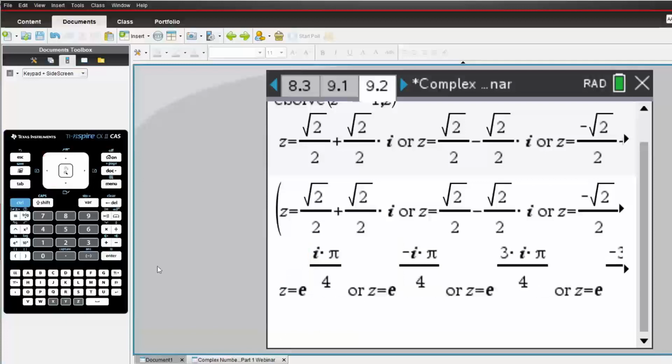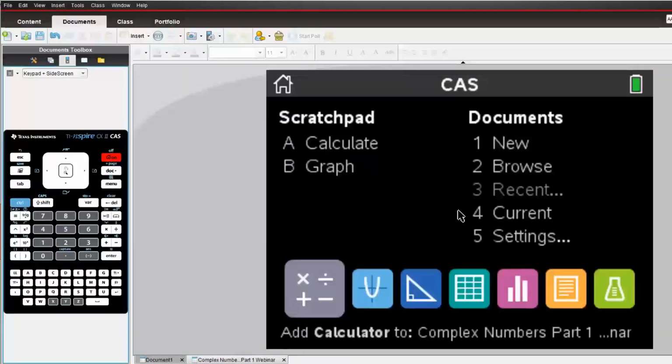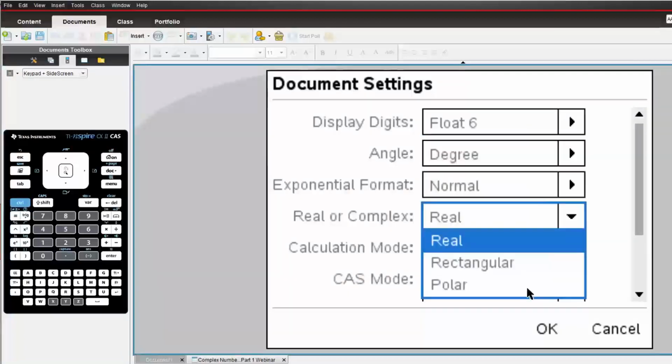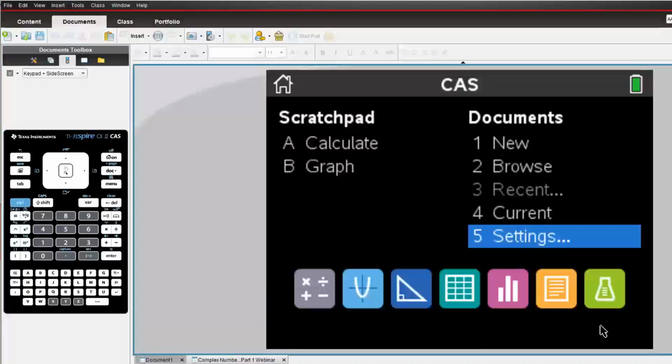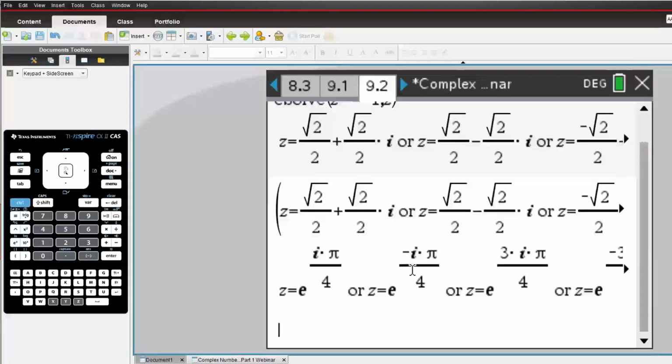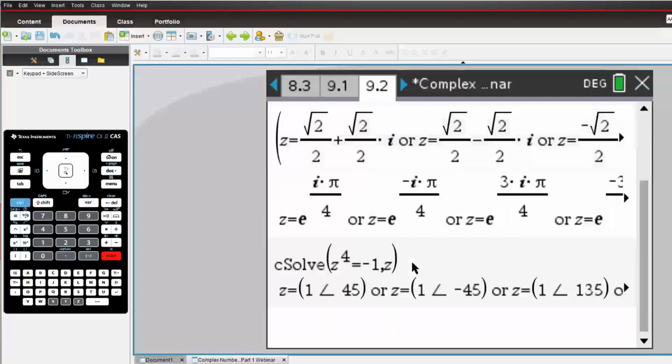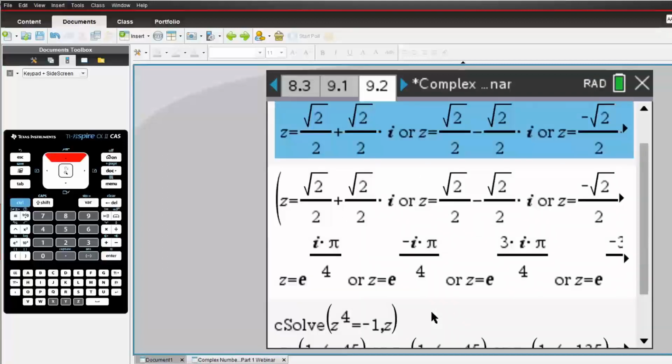The other way of doing it, I could, in document settings, change to polar for this particular exercise. And now if I go up and I bring this down, it will solve in polar as long as I'm in radians. So let's try that again.